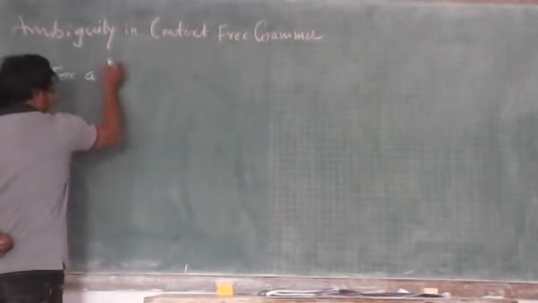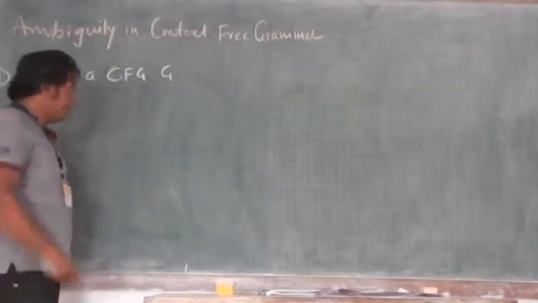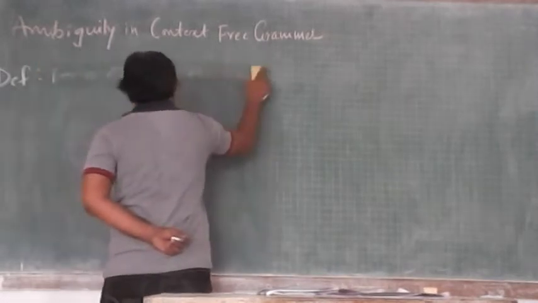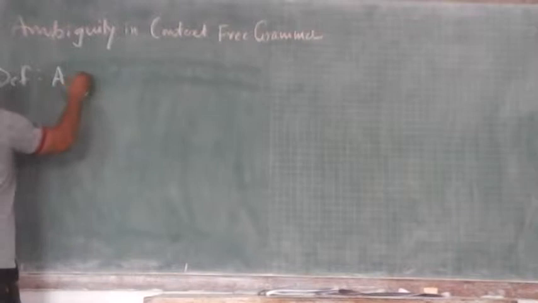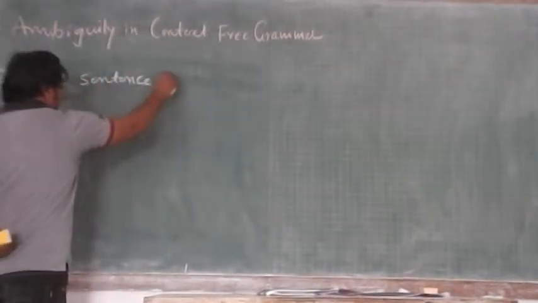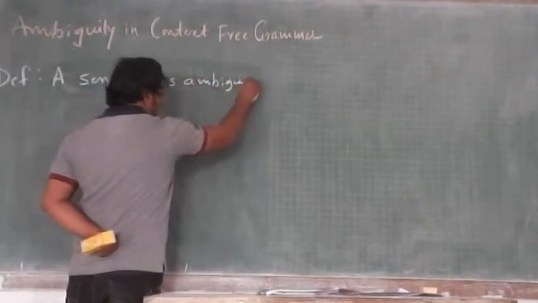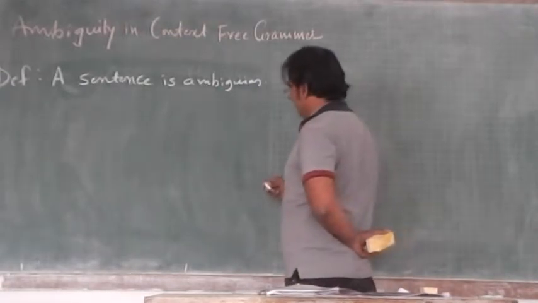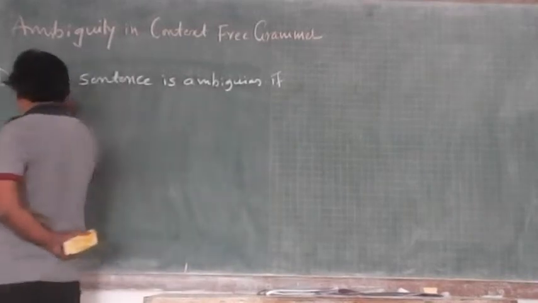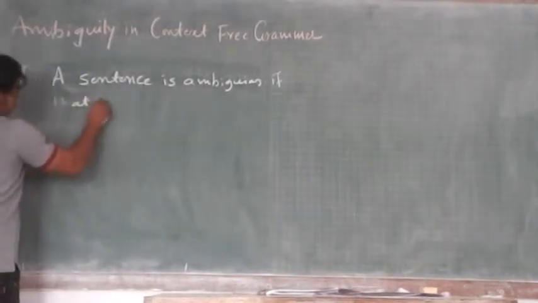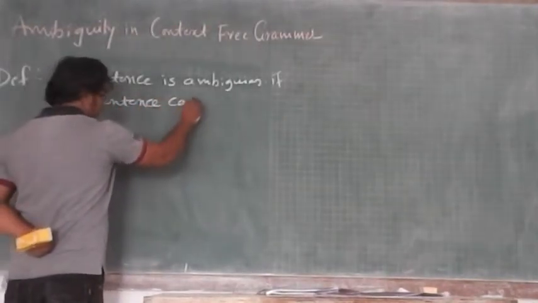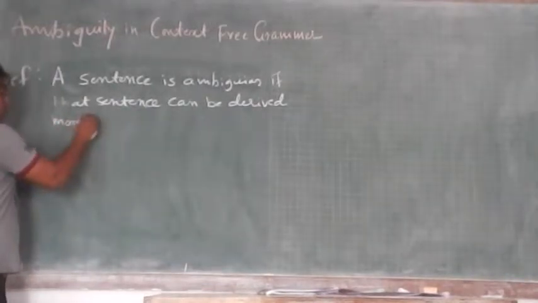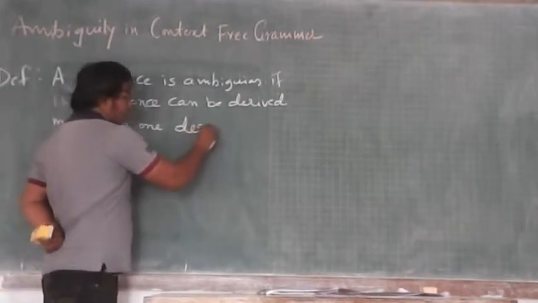For a context-free grammar G, the sentence is ambiguous if that sentence can be derived by more than one derivation tree.